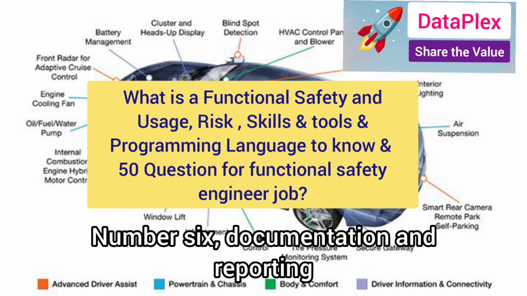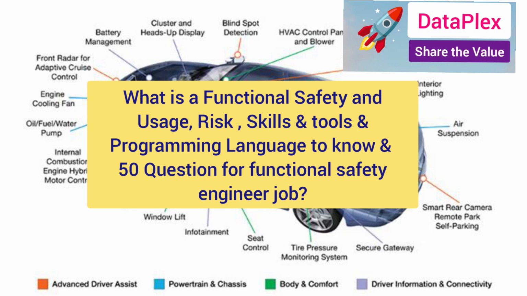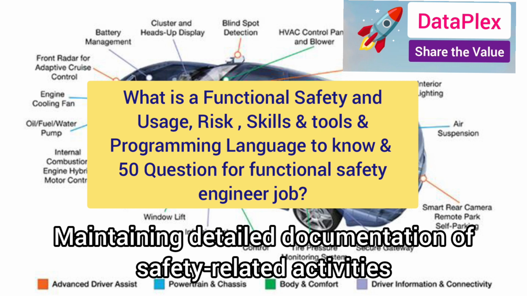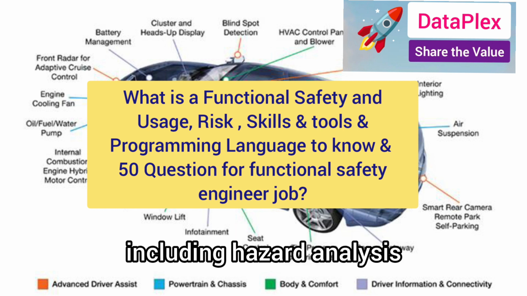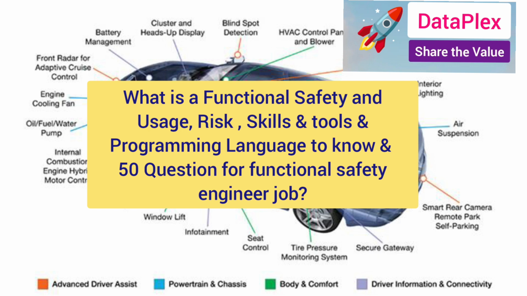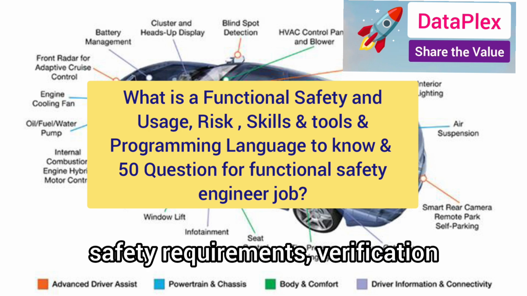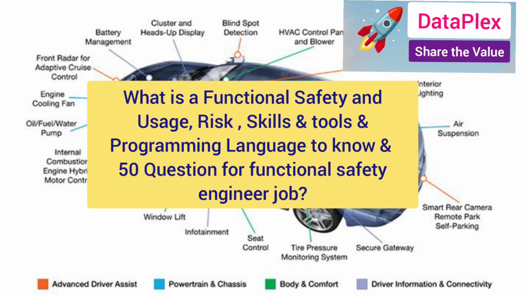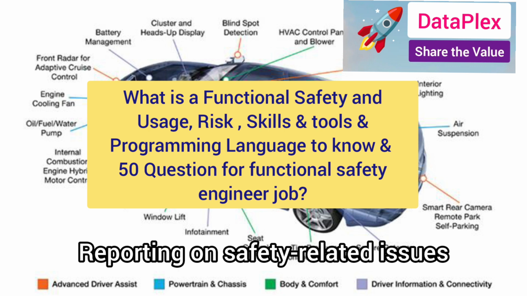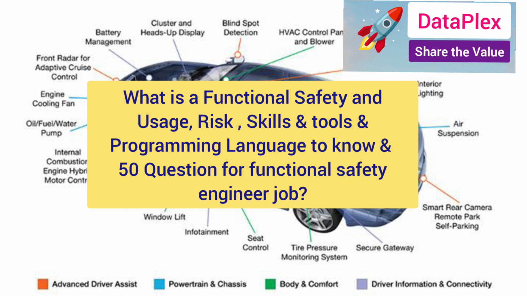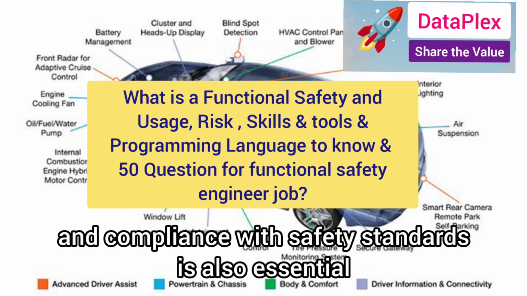Number six, documentation and reporting. Maintaining detailed documentation of safety related activities, including hazard analysis, safety requirements, verification and validation results, and safety cases. Reporting on safety related issues and compliance with safety standards is also essential.